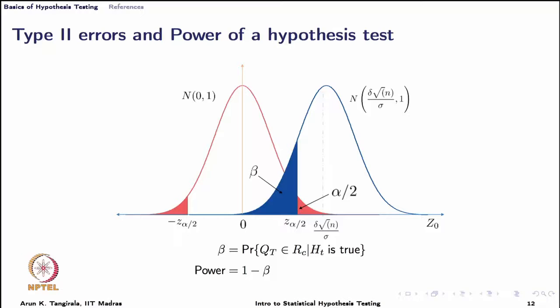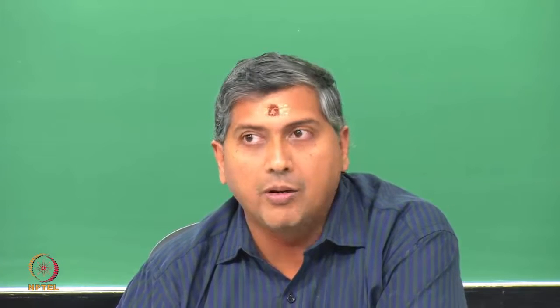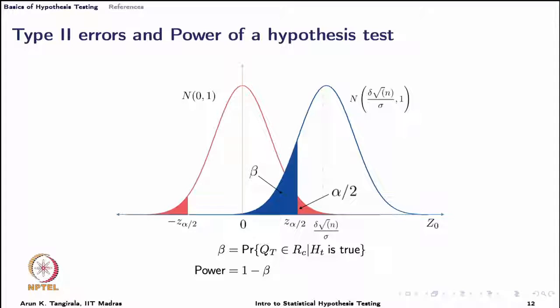Symbolically we say beta is a probability of QT not, in fact, not belonging to the rejection region, belonging to the actually acceptable region when HT is true. So, there is a slight mistake, we will correct that in the slides for you. So, probability of QT belonging to the acceptable region when HT is true, and the power is 1 minus beta.